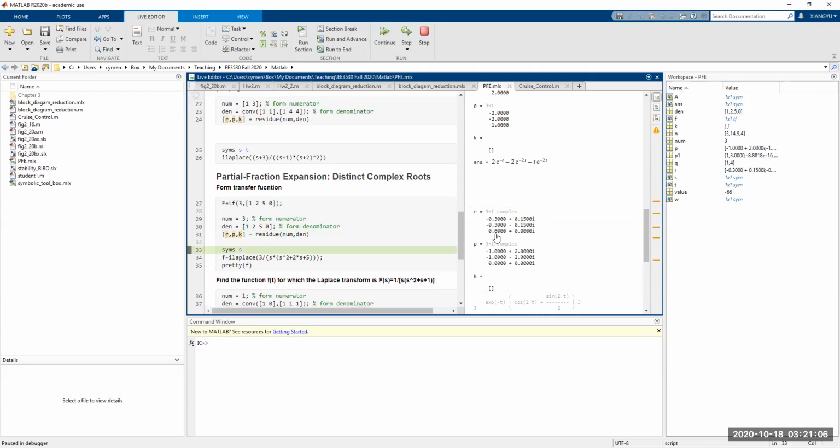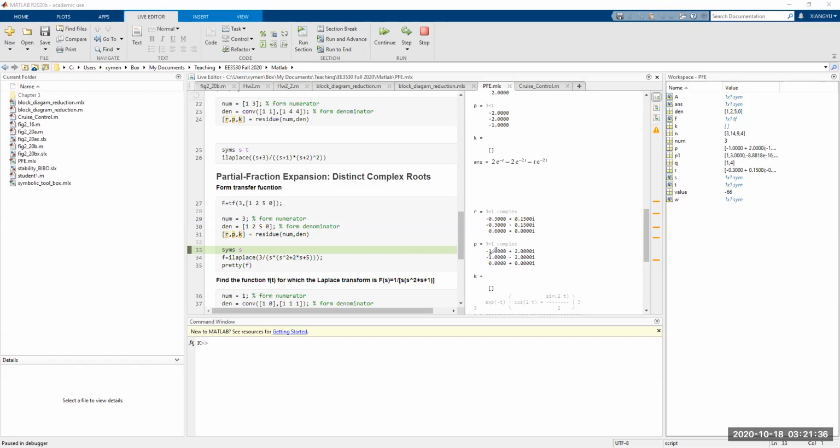If you see, the denominator polynomial has one real root and a pair of complex roots. Then these are the coefficients. In a similar way, you should have terms like this.